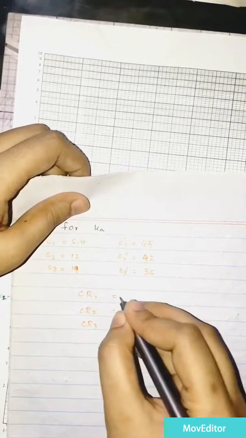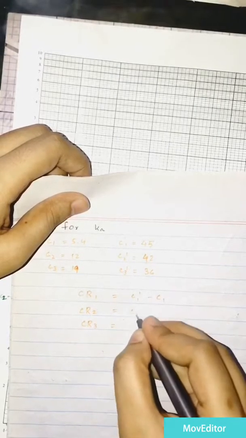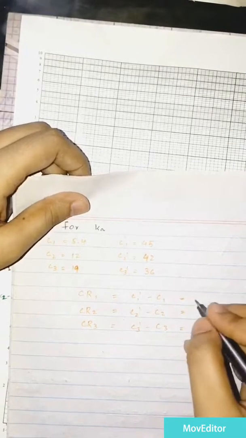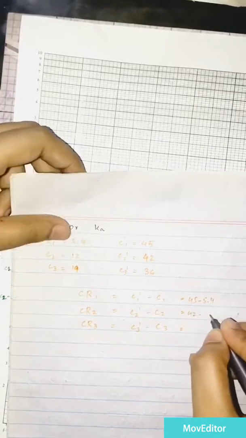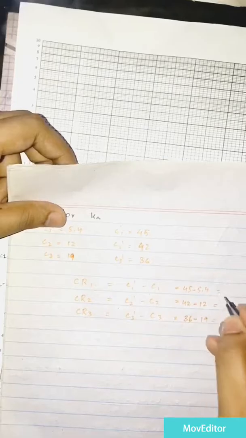So, for determining these CRs, you take C1 bar minus C1, C2 bar minus C2, and so on. In this manner, what you're going to get is 45 minus 5.4, 42 minus 12, and 36 minus 19. Calculate the respective concentrations.